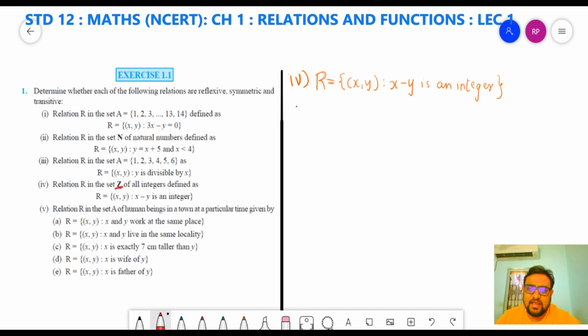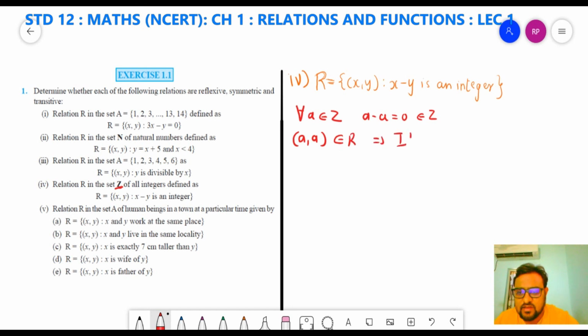So for any element a belonging to Z, a minus a will be equal to 0 and that belongs to Z, right? Means that is an integer. Clear? Okay. So what I can write down, (a, a) belongs to R, that implies it is reflexive.